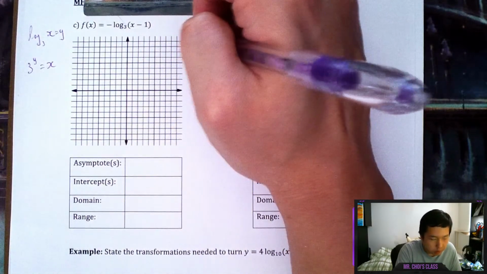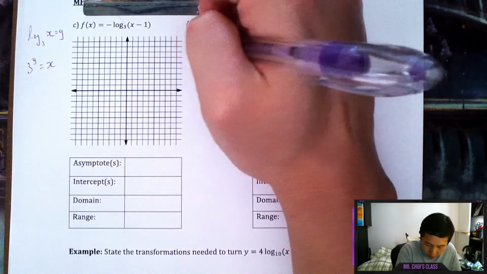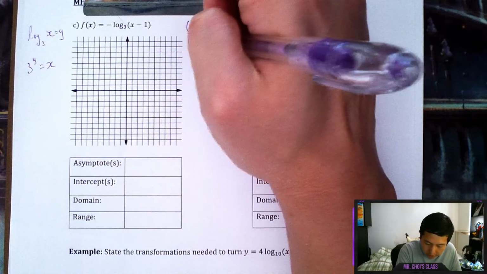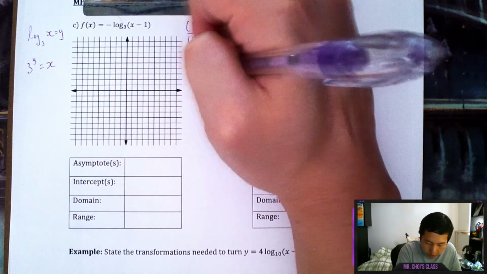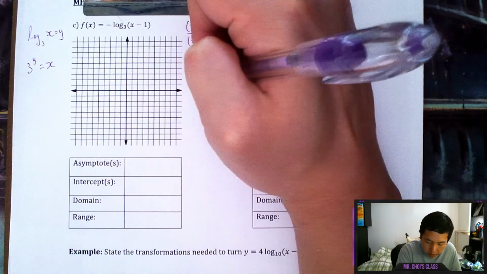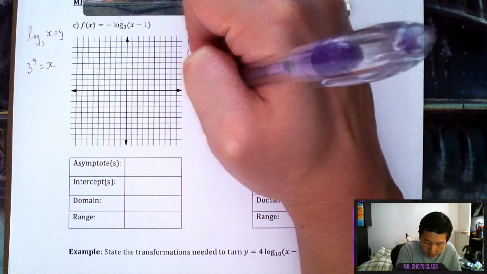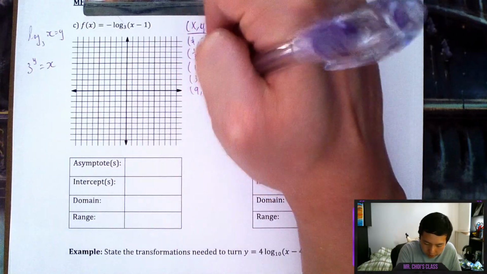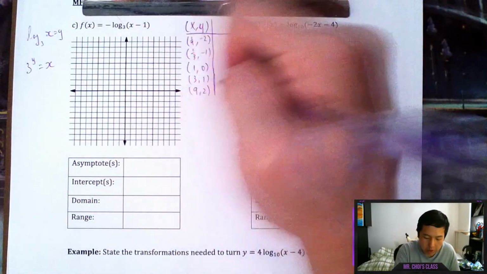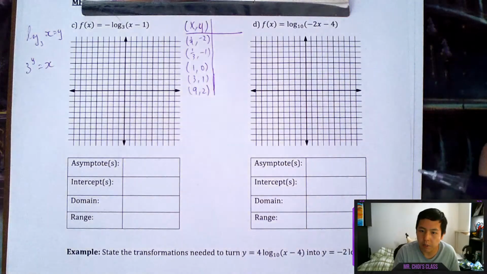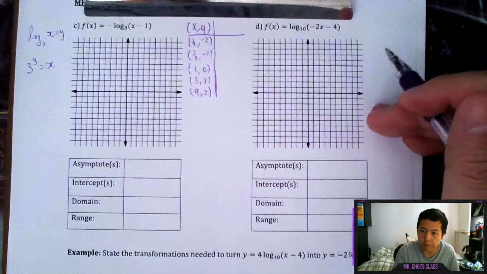So from our original function, we should get 1/9, -2, 1/3, -1, 1, 0, 3, 1, and then 9, 2. And there we have it. So that's our original function using the exponential from our base function.